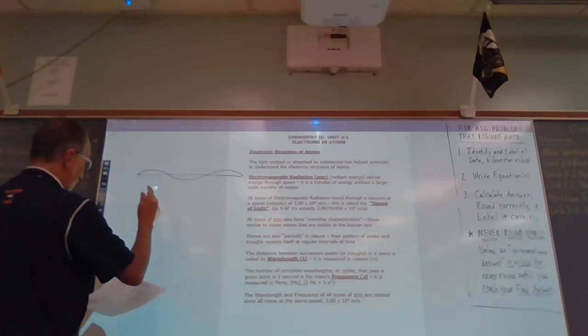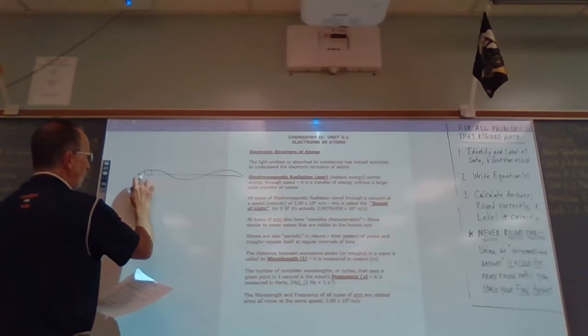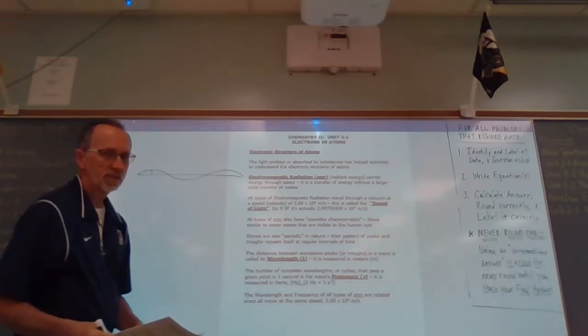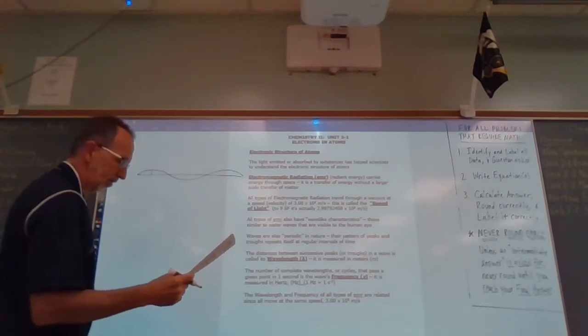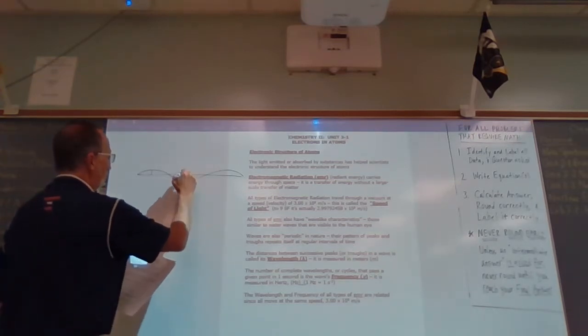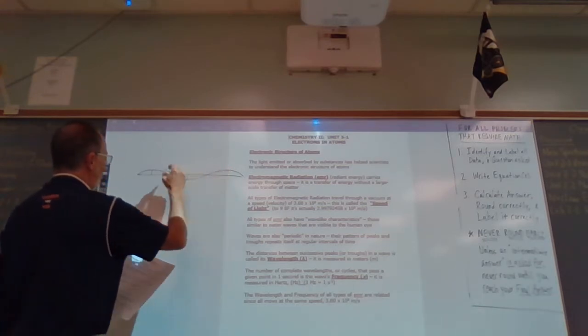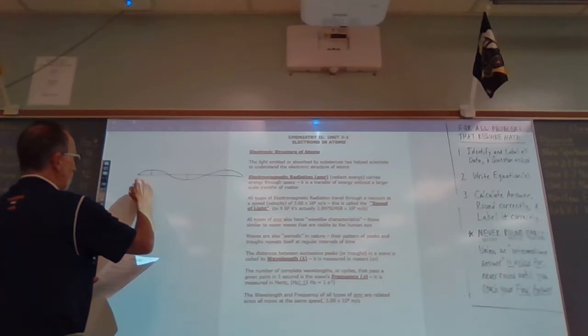This maximum distance from the equilibrium position to the height, so to speak, of the wave is called an amplitude. So all of these here are called amplitudes.